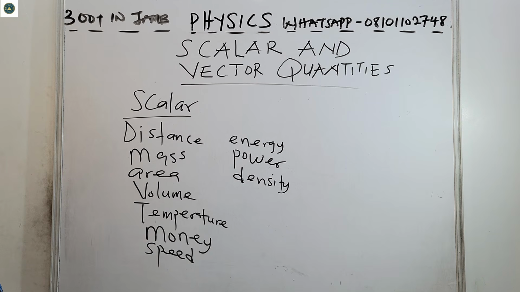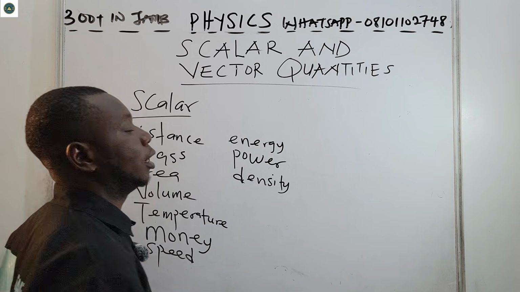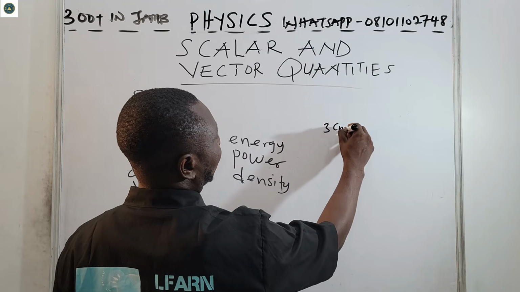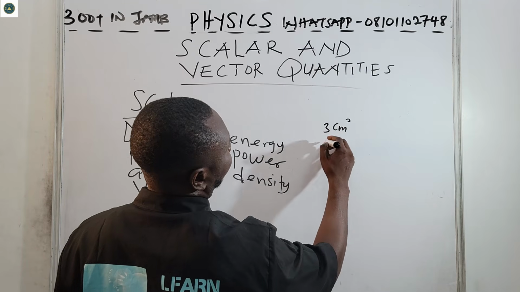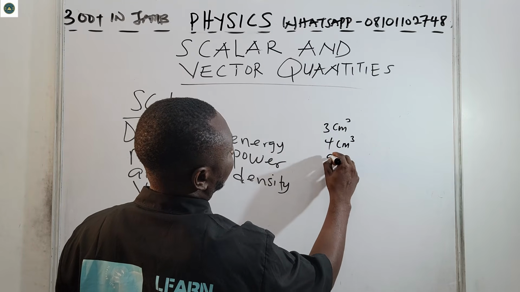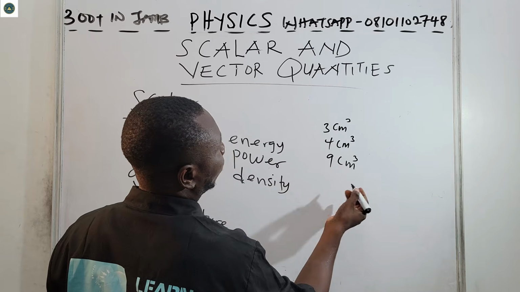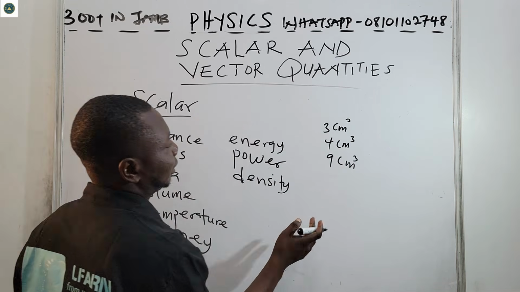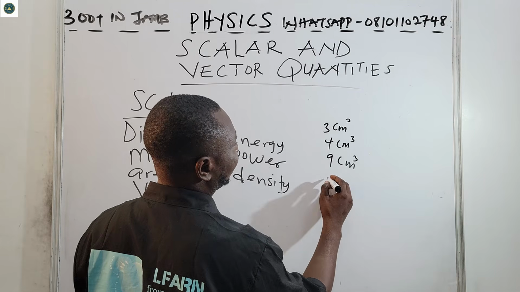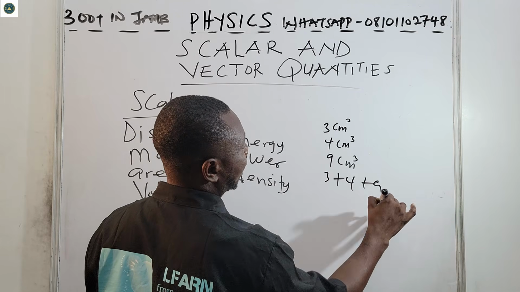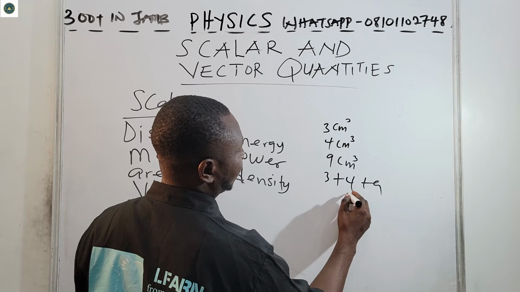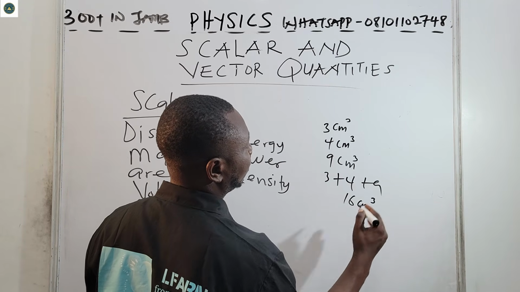For example, we can add volumes of maybe 3 centimeter cube, 4 centimeter cube, and 9 centimeter cube. We can add them together numerically, so scalars can be added numerically as 3 plus 4 plus 9, which gives 16 centimeter cube.